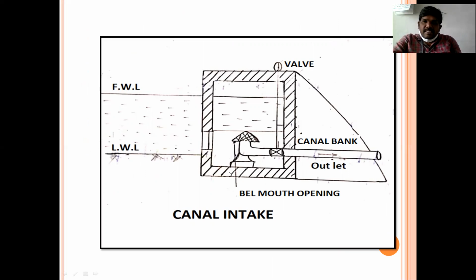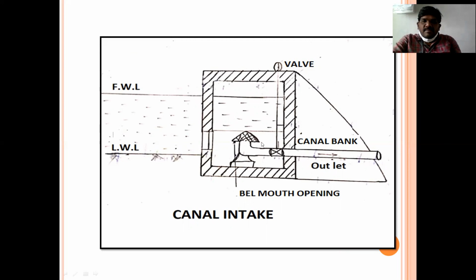We constructed this big chamber in such a way, high up to FWL, and we are collecting water even from low water levels also. That means we should keep the position of the bellmouth on a support in such a way that water can be collected at low water levels also.